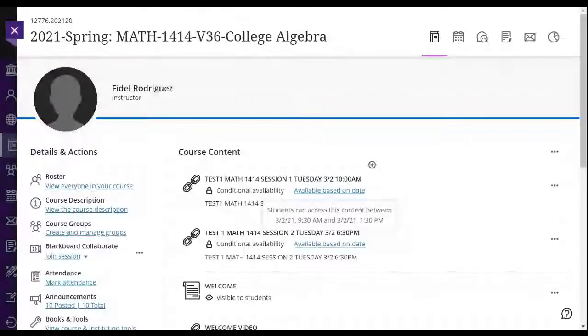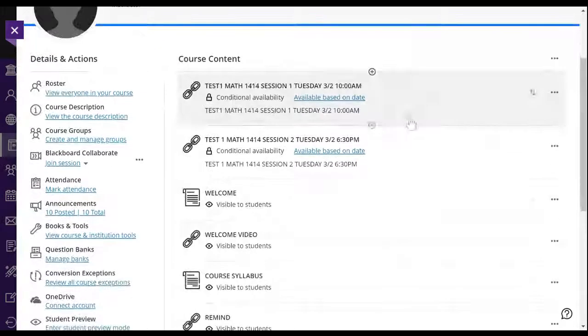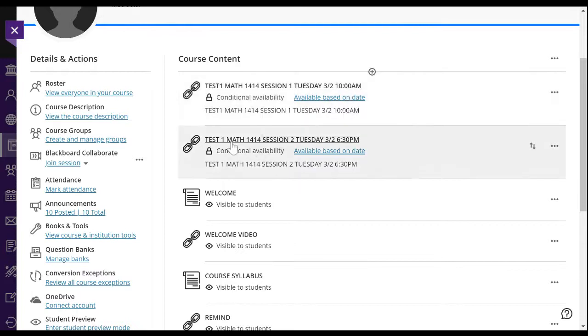Guys, I did send you all the instructions for the test. Let me see if I can share this part with you so y'all can see it. There we go. So tomorrow, guys, when you get ready to sign in for the test, if you're taking it at 10 a.m., you're going to click right here where it says Test 1, Math 1414, Tuesday 3-2 at 10 a.m. And if you're going to do the one at 6:30, you're going to click on this one right here, okay?